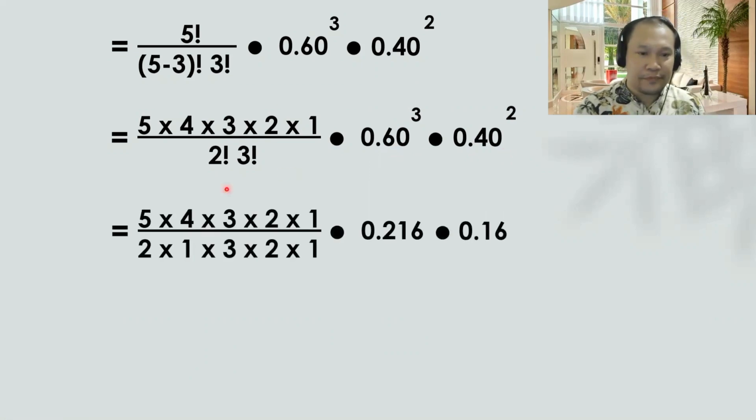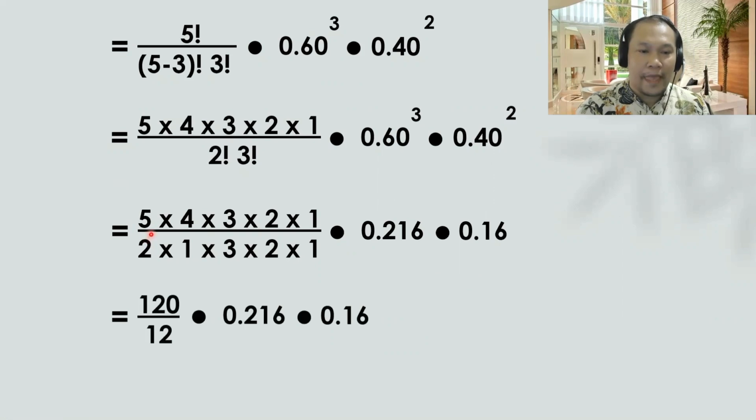And then, 2 factorial is the same as 2 times 1, while 3 factorial is 3 times 2 times 1. On the other hand, the cube of 0.60 is equal to 0.216, while the square of 0.40 is 0.16.